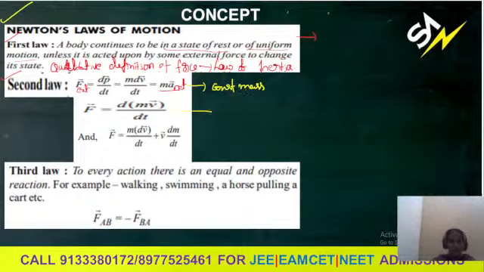And the second expression, which is given as F bar is equal to d by dt of mv, can also be written as F bar is equal to m into dv bar by dt plus v bar into dm by dt, which is for variable mass.